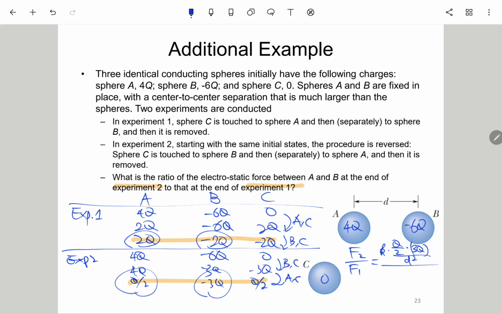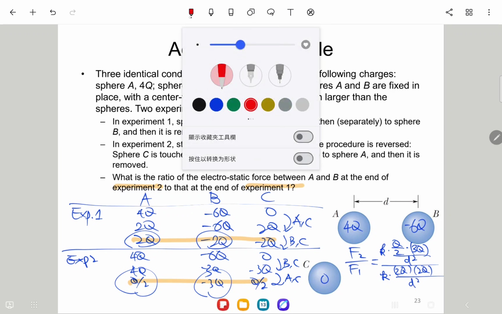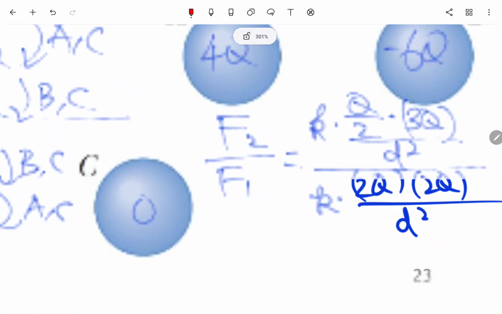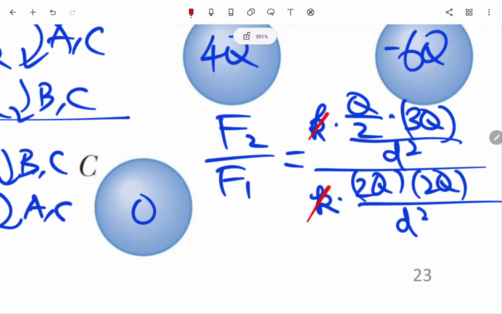Finally the d squared will be cancelled with the other one, so it is fine. This one is 2Q times also 2Q, over d squared. So we can cancel the k, the Q squared, and the d squared, cancelling most of the stuff.